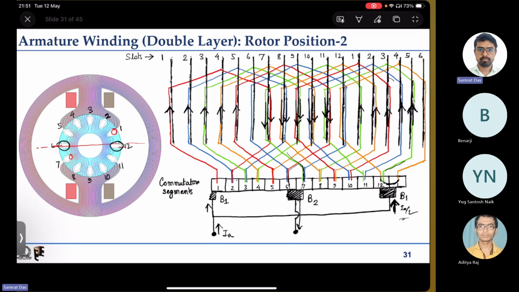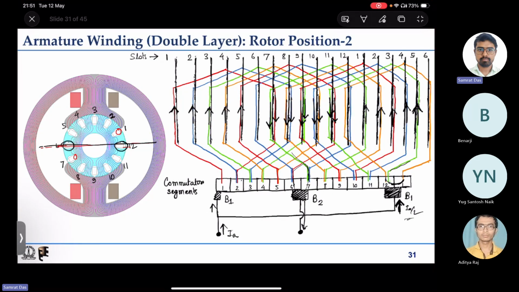So this is the magnetic neutral axis. All the coils on the top will carry current of a particular polarity, and all the coils at the bottom will carry current of the opposite polarity.